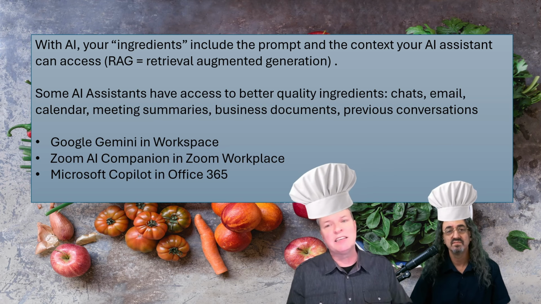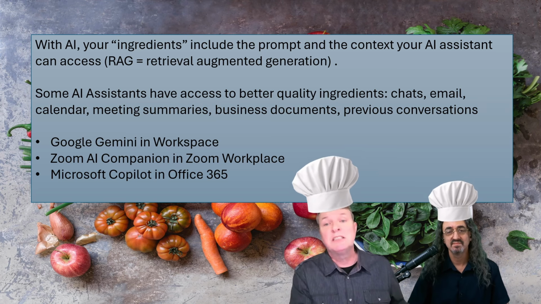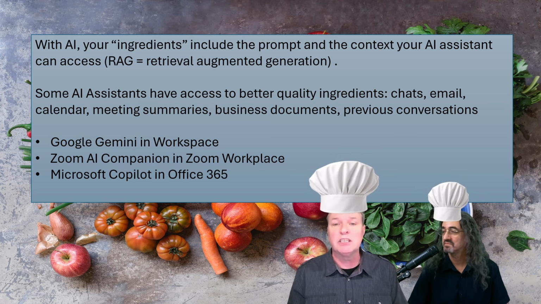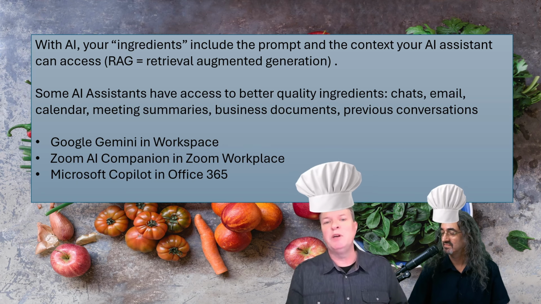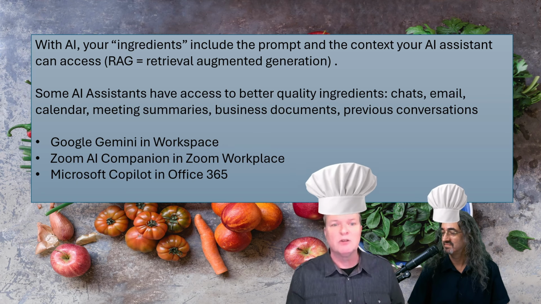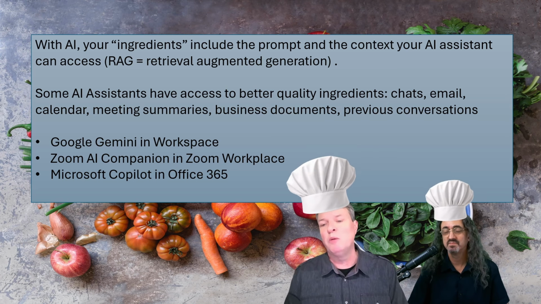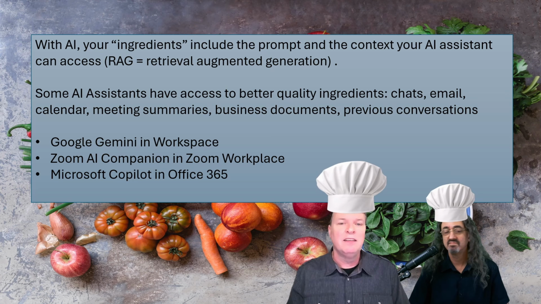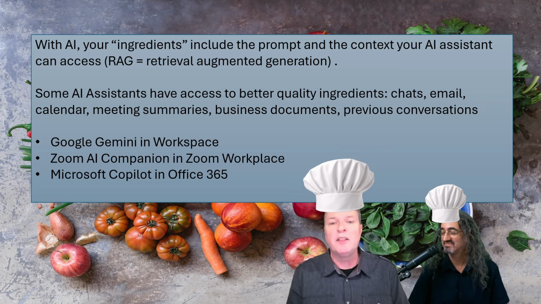That means they can access your chats and your email, your calendar, your meeting summaries, business documents, and previous conversations. Specifically, that's like Google Gemini when you use it in a workspace, or Zoom AI Companion in Zoom Workplace, or Microsoft Copilot in Office 365. That's not a comprehensive list. There's also Slack AI and others.